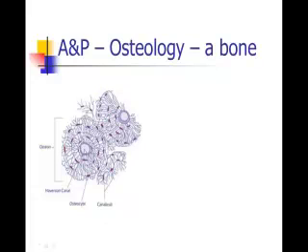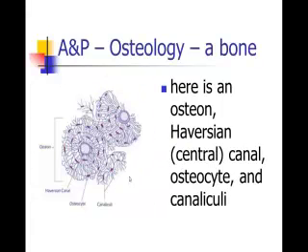There's the Haversian canal where the blood goes through, the osteocyte, and then these little canals attached to and associated with where the cells are in the lacuna. Those are the canaliculi. So we've got an osteon, Haversian canal, osteocytes, and canaliculi.